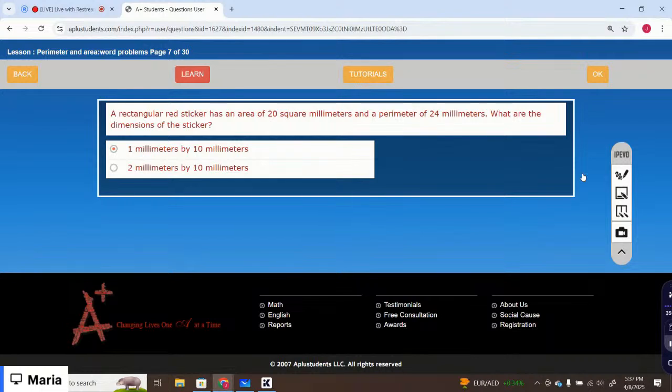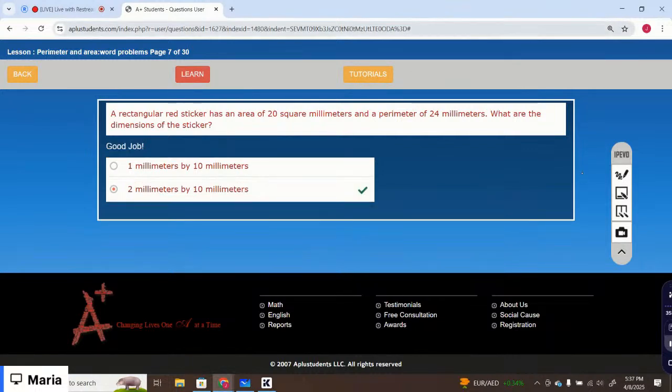Option number two is the correct option. 10 times 2 is 20, so the dimensions are 10 and 2.